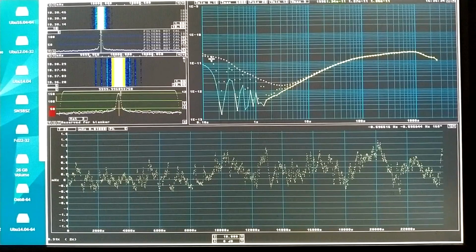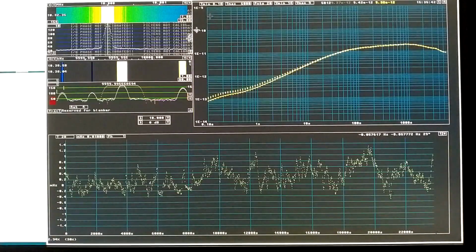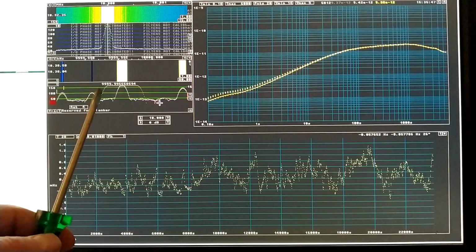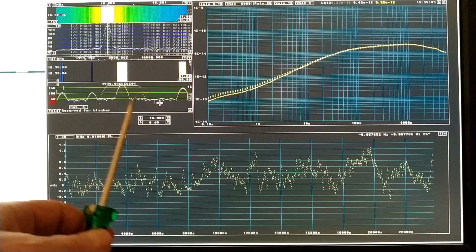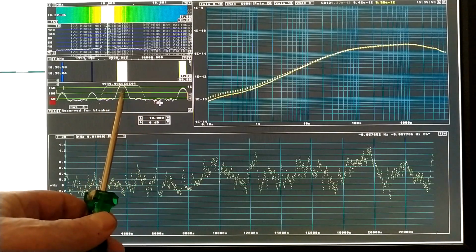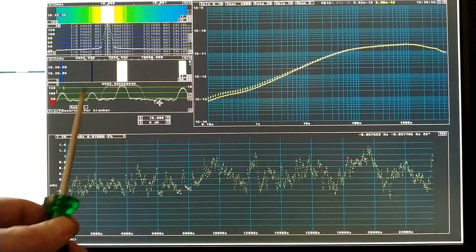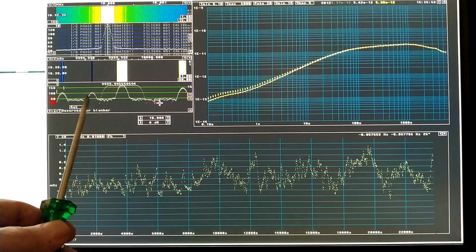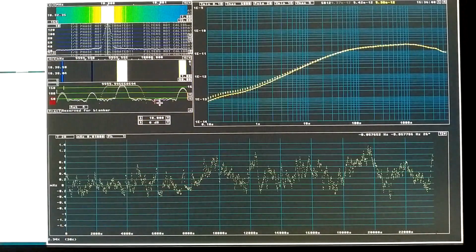That spur is not present in the other SDR-IP. Here you can see it very clearly in the sound cards. We have the 10 megahertz here, and here is the signal. And it has its overtone, and if I include it, I get this structure.